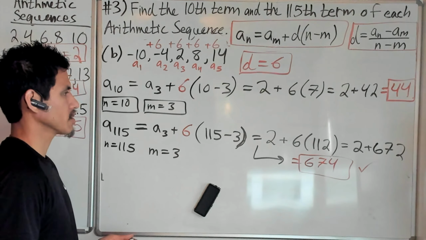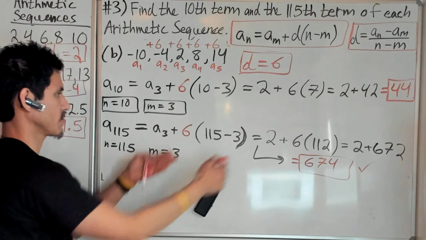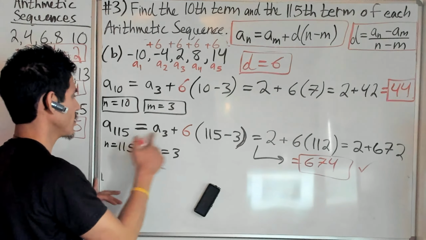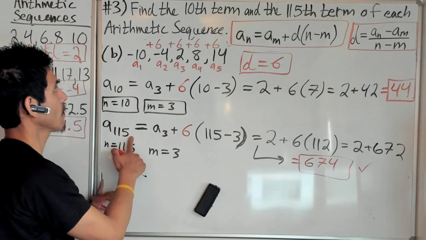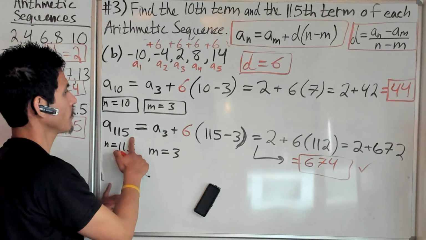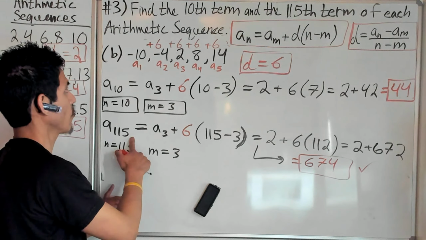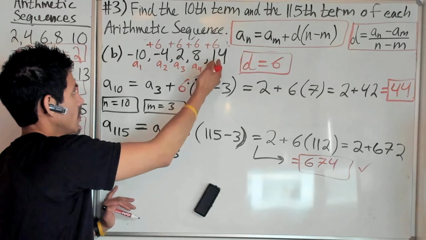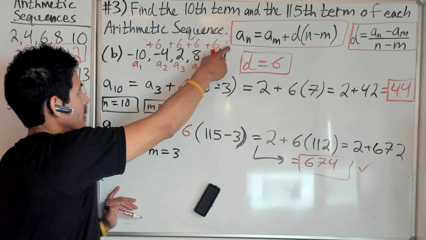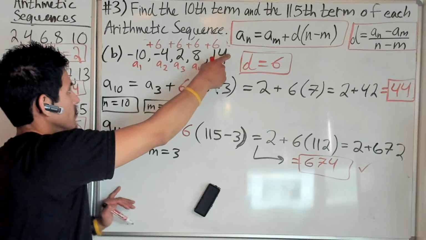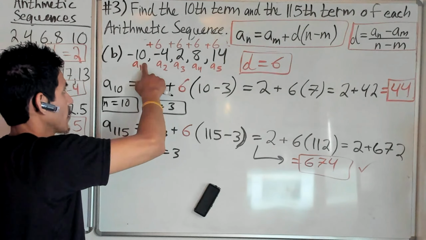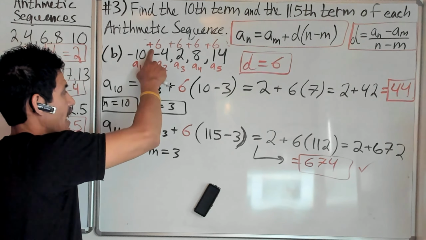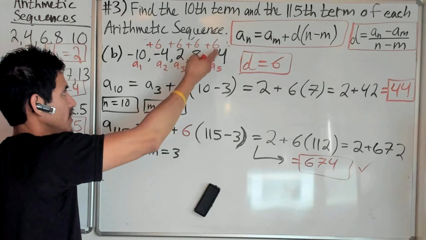Now, if you're wondering how this formula works, let's think about this example. If we're trying to find the 115th term and we know it's growing by 6 each time, then going from A1 we'd have to add 114 more times.